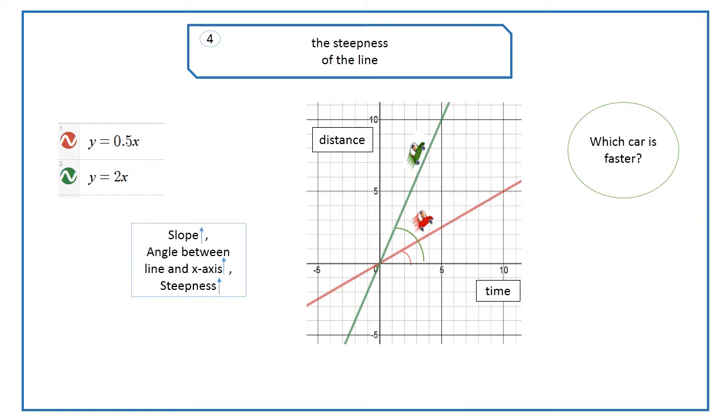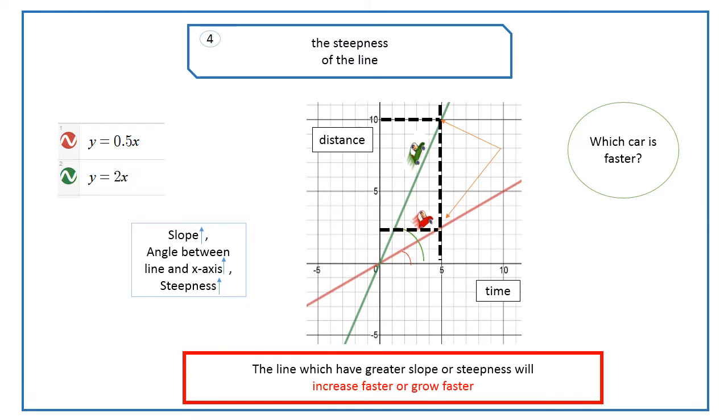Now we are going to draw a line after 5 minutes, and we're going to check the distance of each car. The green car moves 10 km and the red car moves about 2.5 km. Then the green car is moving faster. We can conclude from that the line which has greater slope or steepness will increase faster or grow faster.